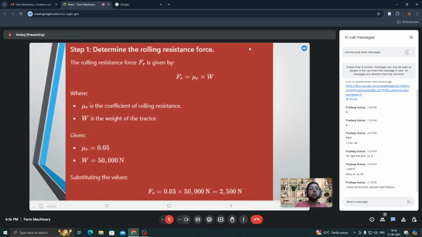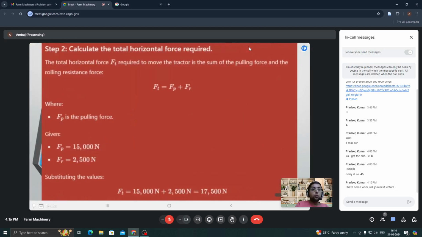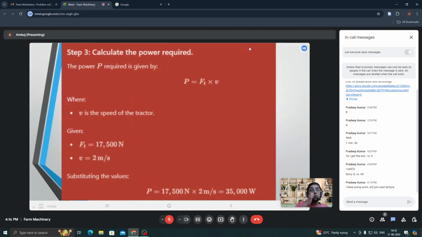First thing is I have calculated the rolling resistance. Then the pulling force, which has been directly given here, is 15,000. Then net force, the sum of these two forces, 15,000 and 2500, is 17,500 newtons.